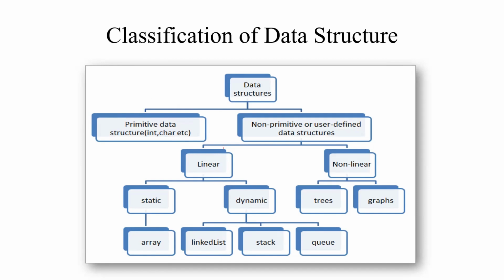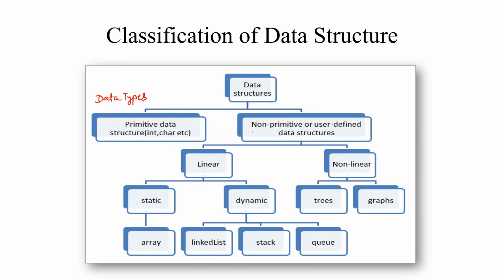Now, let's come to the classification of data structures. In the classification, mainly we divide data structures into two parts. One is primitive data structures, which we sometimes call data types also, which includes int, char, float in C or C++ language.